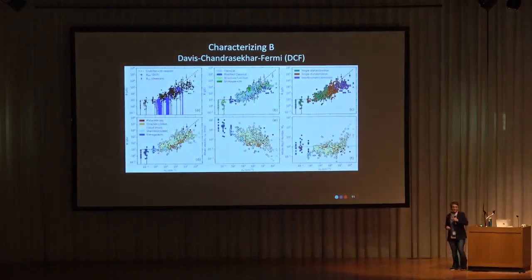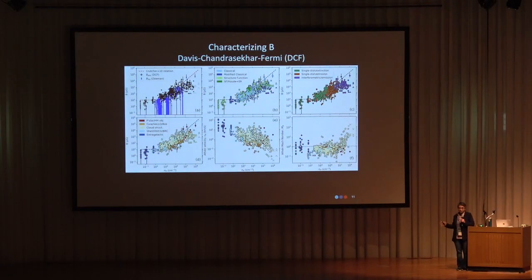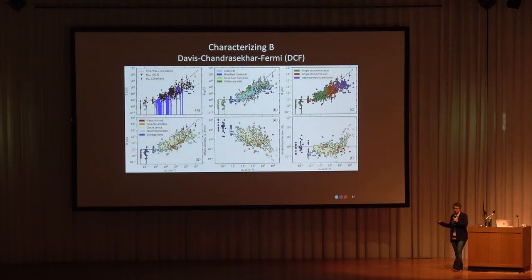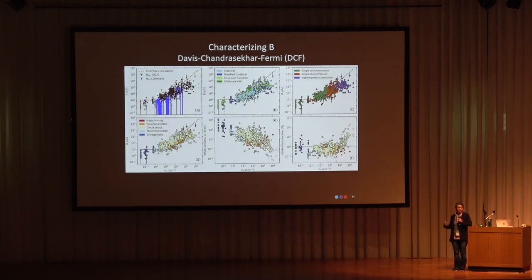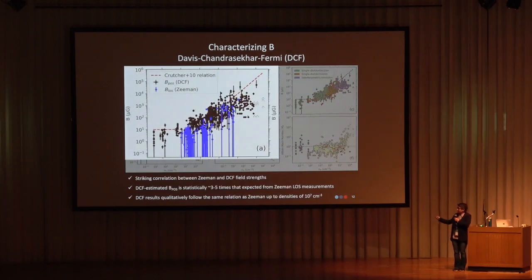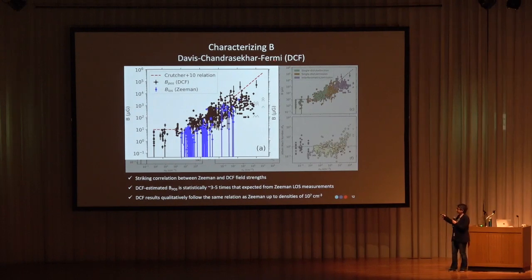DCF, since it was first introduced in the 1950s, has been very controversial, but at the same time widely used. So to look into this a bit further, we compiled all the DCF measurements available from the publications of Ostriker et al. 2001, Pattle et al., and Heitsch et al. 2001, and compared our compilation of DCF measurements, as you can see with the black dots here, to the power law relation that I mentioned, shown with the dashed red line.